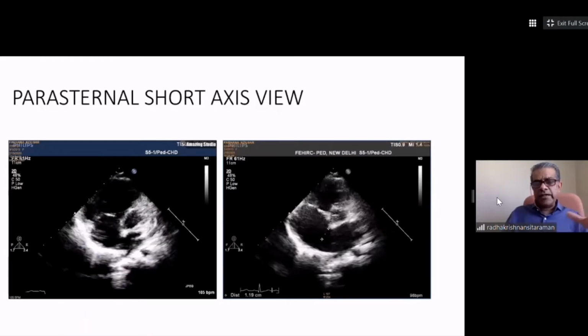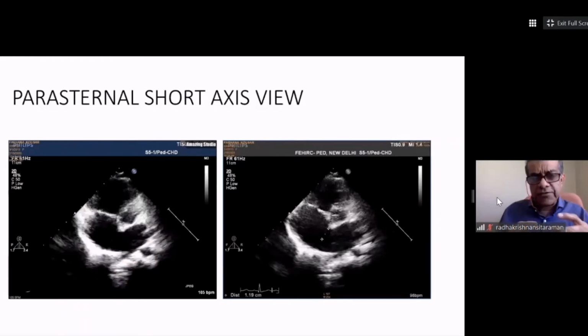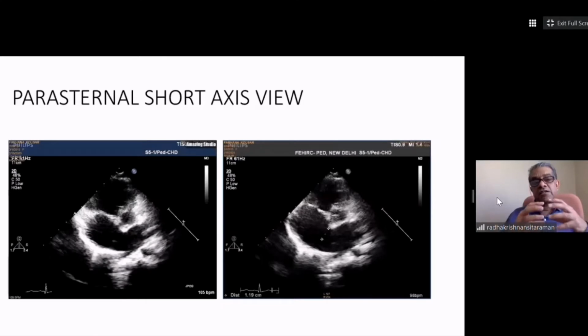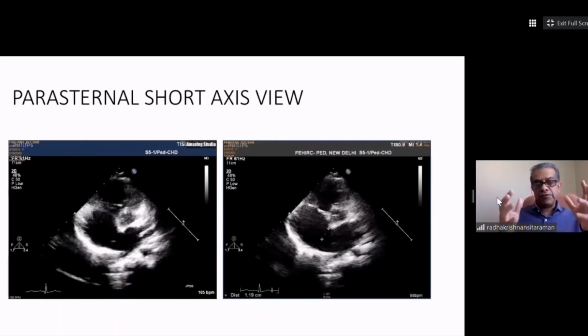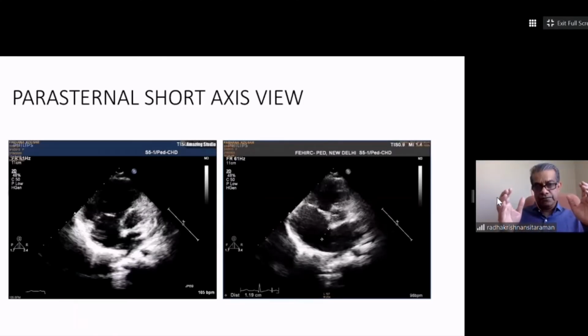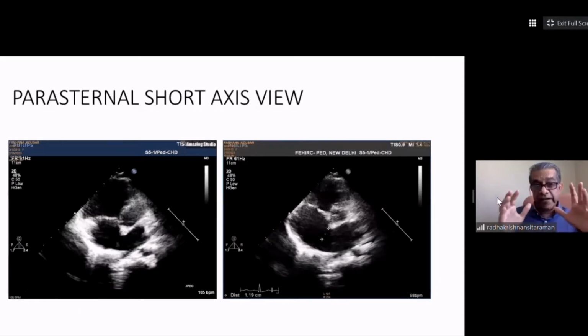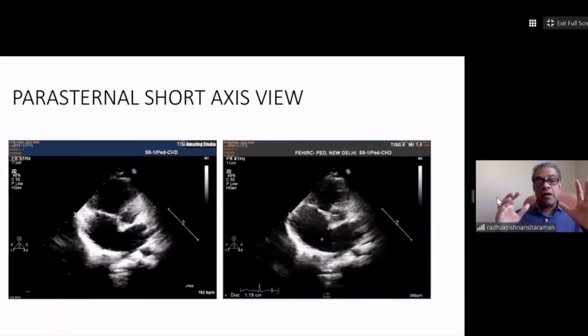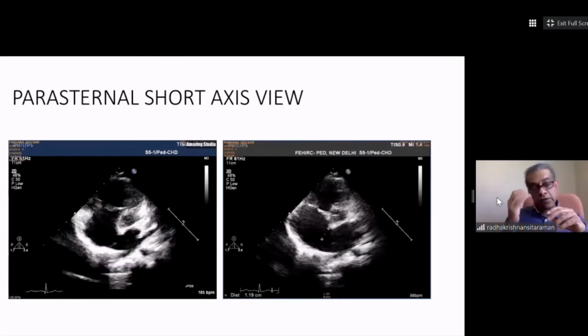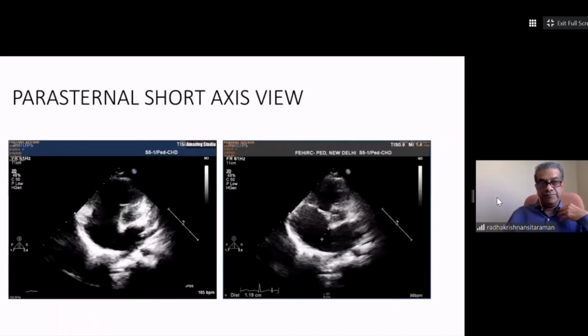So these are usually the views which make us decide whether we are able to do it with a device or not. So this is as far as the fossa ovalis is concerned. If any of these images are not good, then I think we should not hesitate to do a TE in order to get complete information.